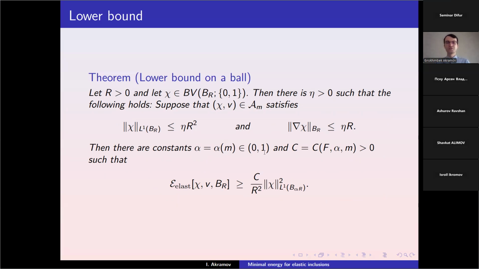Then there are constants alpha, which depends on m, from (0, 1), and c, which depends on f, alpha, and m, such that the elastic energy is bounded below by c over r squared times the volume of chi v squared.